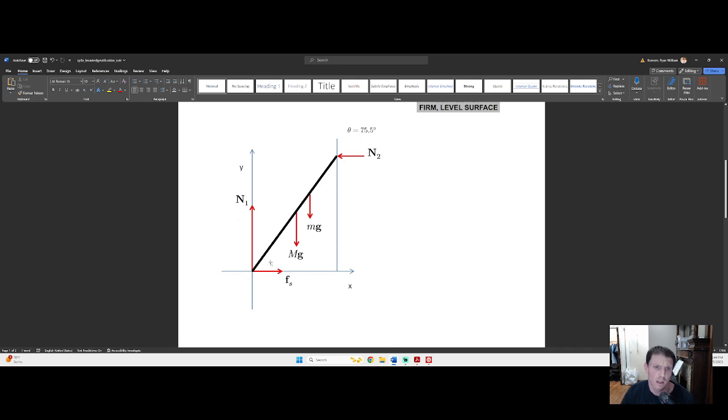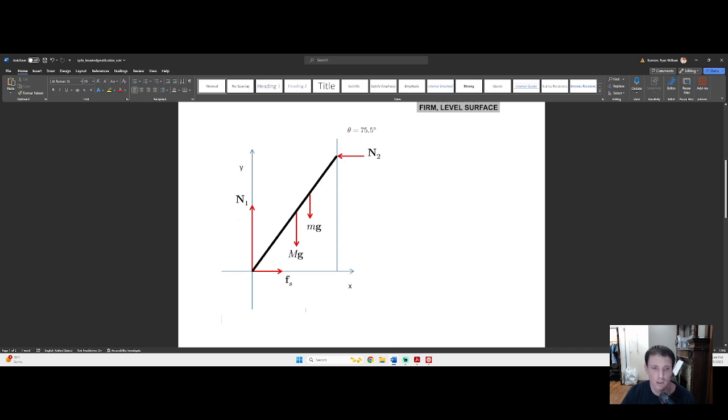So if you're going to reconstruct the work that I'm doing here, you probably want to specify that the angle the ladder makes with the horizontal is theta. We'll be using that fact as we solve. Other than that, I think this is a fine diagram, and it has everything that we need.